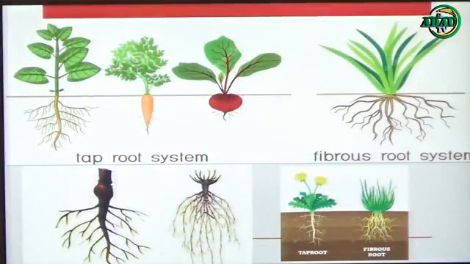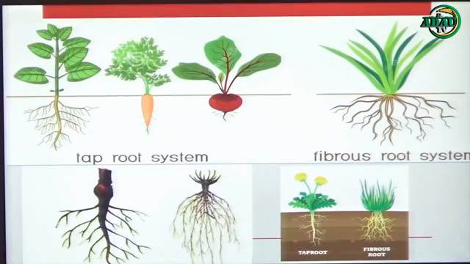Taproot system has one well-developed primary root, which develops from the radicle of the embryo, and the primary root branches and produces many smaller lateral roots. The lateral roots occur in regular paths along the length of the primary root. The primary root with its lateral branches together form a taproot system.